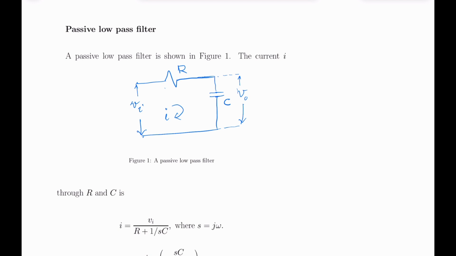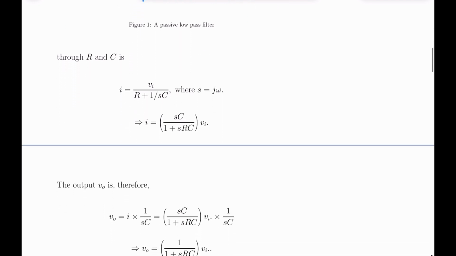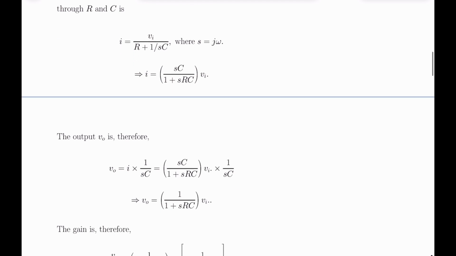The output is taken across the capacitor C. Since R and C are connected in series, the same current flows through both of them, and therefore the current I in the circuit is given by I equal to Vi upon R plus 1 upon Sc, where S is equal to j omega, or I equal to Sc upon 1 plus SRC into Vi.